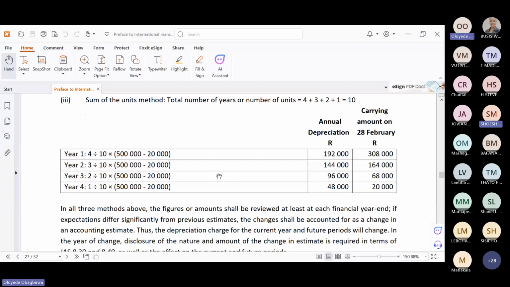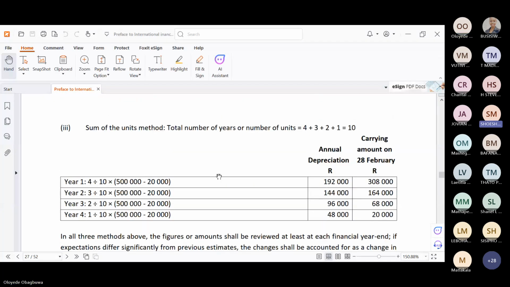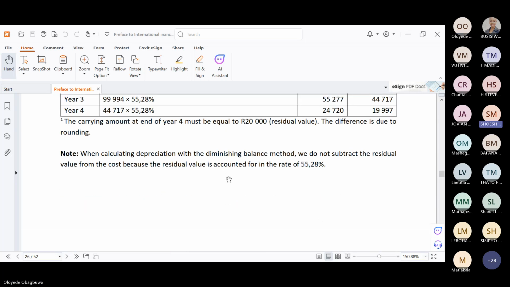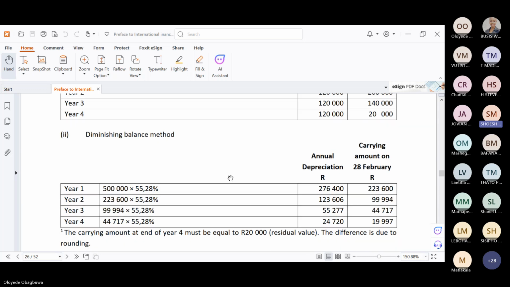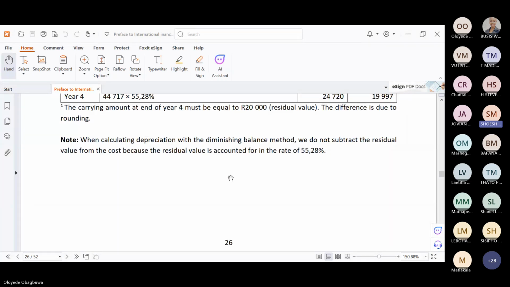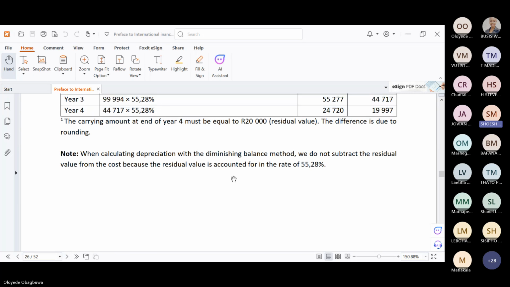Okay. Then we talk of the recognition. Sorry, before you go any further, can I ask a question? This straight line method, diminishing balance method, with the note at the bottom, are they trying to say they are just showing us how the diminishing balance method and straight line method work?